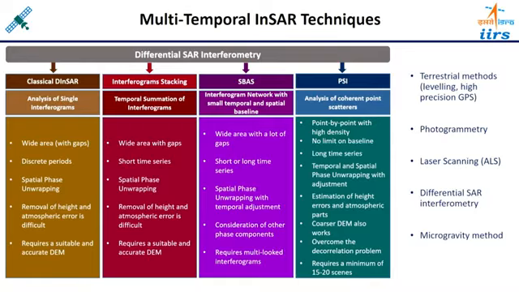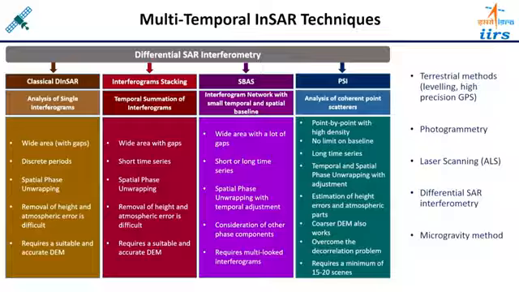And you know, every technique has its plus and minus, or advantages and disadvantages. Same way, SBAS has certain advantages and certain disadvantages, and PSI also has certain advantages and disadvantages.